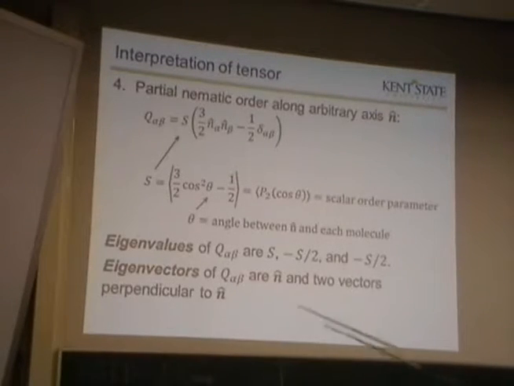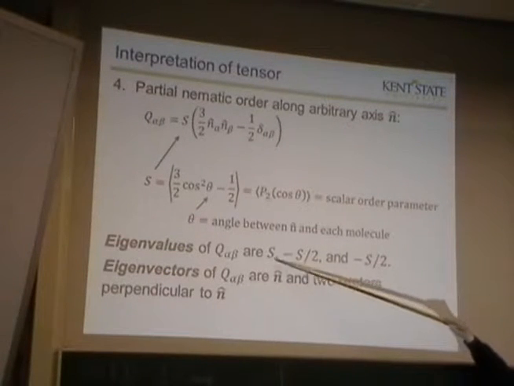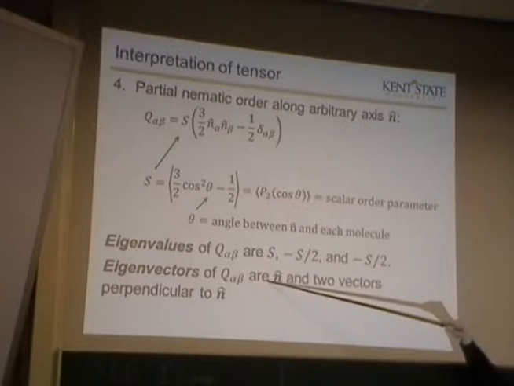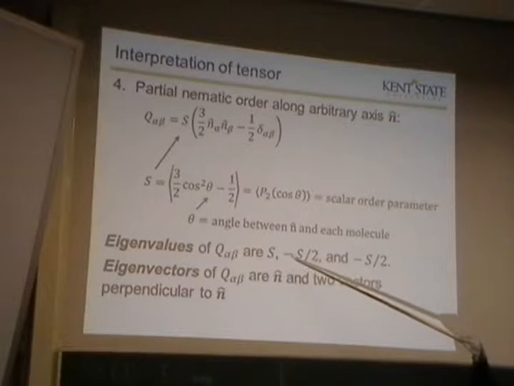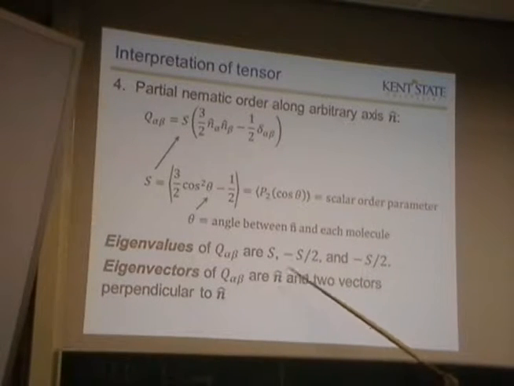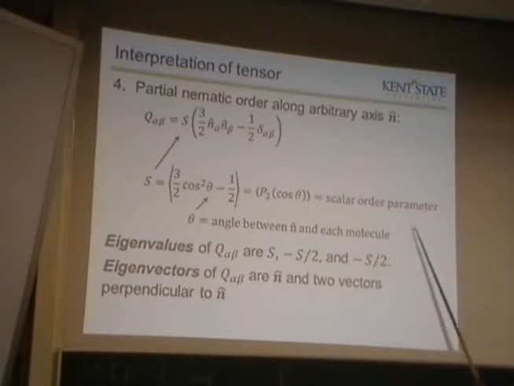And so these are the eigenvalues, okay? And the eigenvector that corresponds to S is the director n, the axis along which the molecules are ordered. And the eigenvectors that correspond to the negative S over 2, negative S over 2, these are any old two vectors that are perpendicular to n.